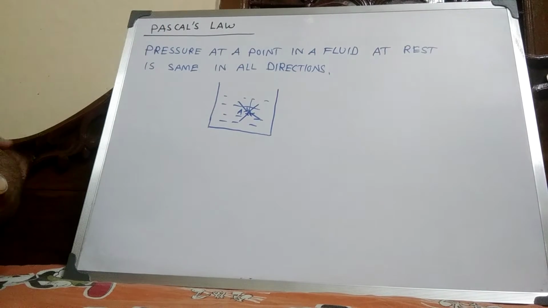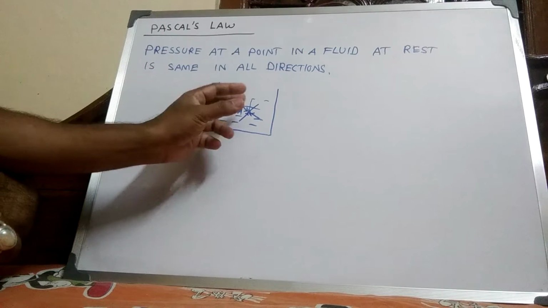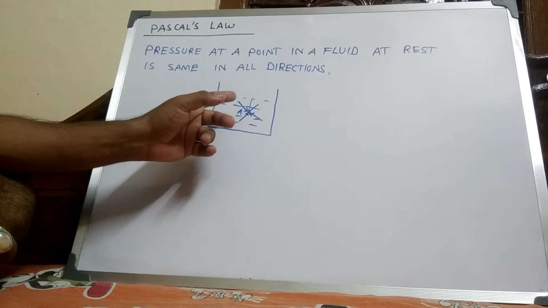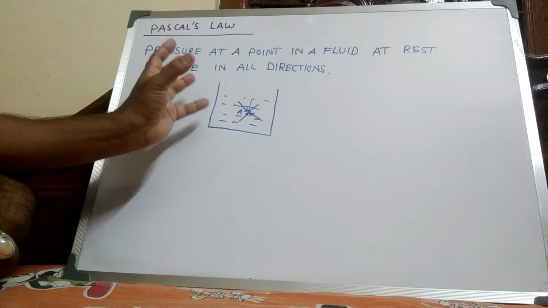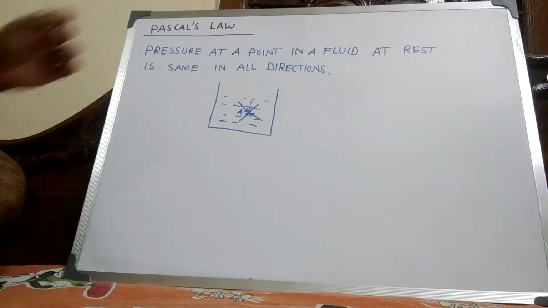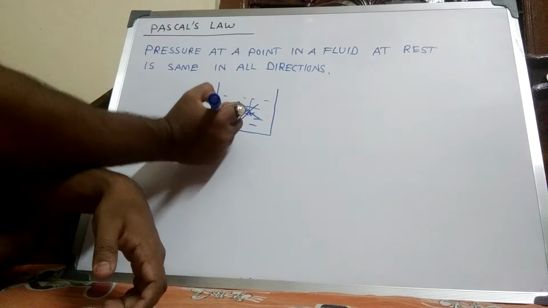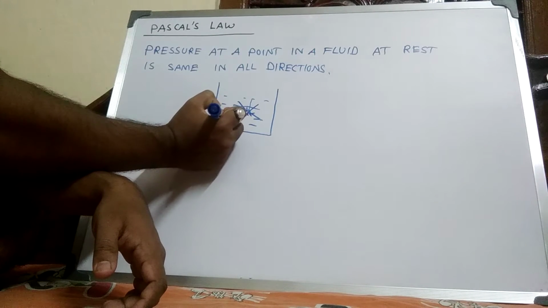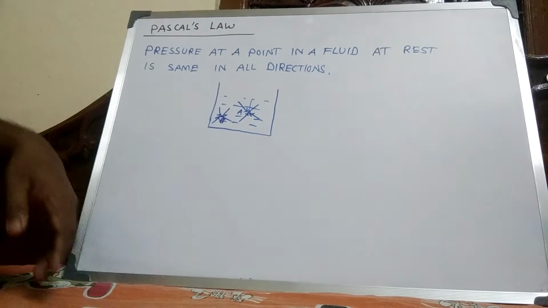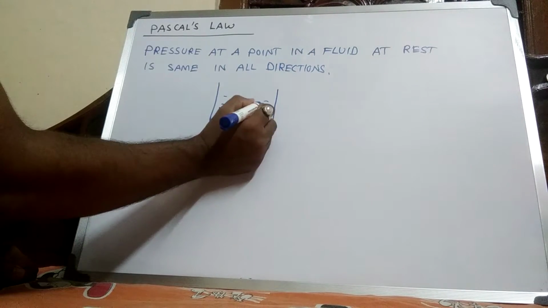This is the normal stress, so this is compressive, and in all directions the pressure is the same at point A. Understand? And at another point B, the pressure is also the same in all directions. Understand? This is pressure.